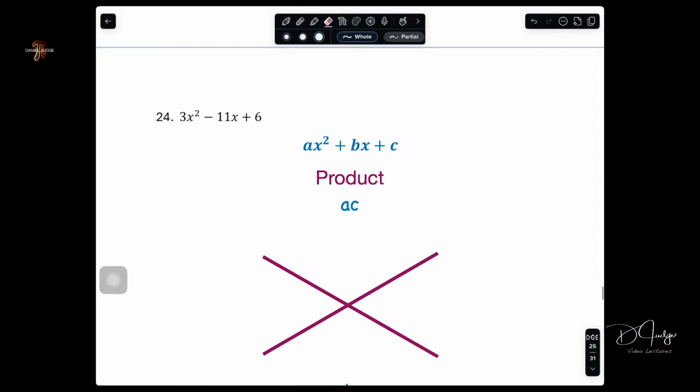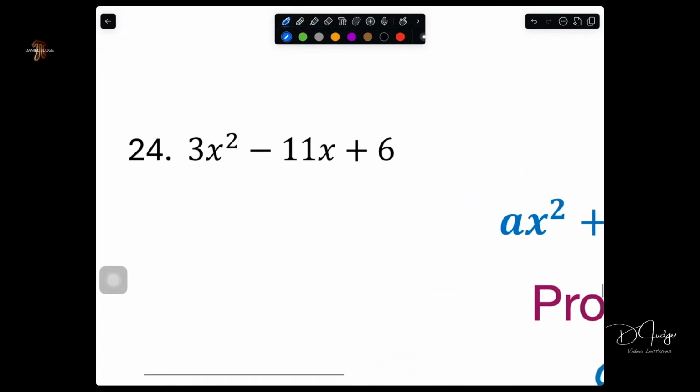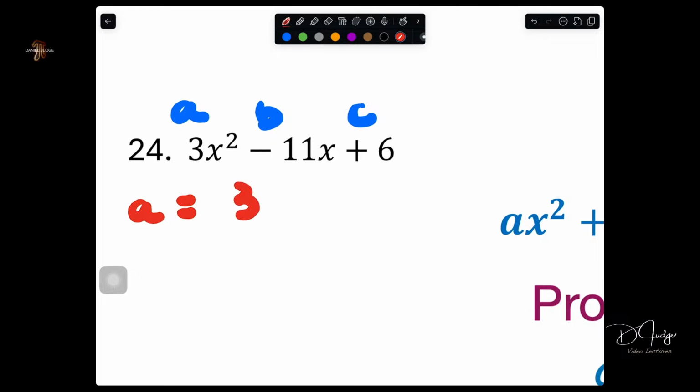Let's try that again. A, B, C. A is 3. A is not the value 1. Okay.